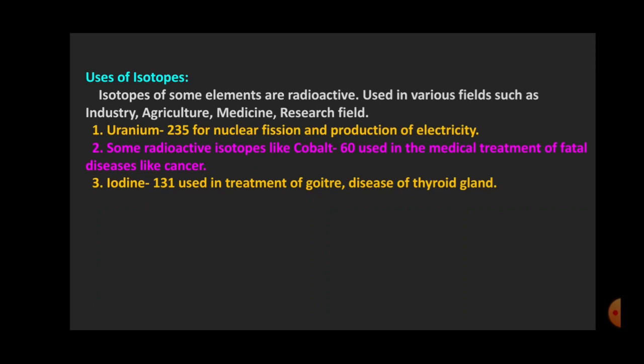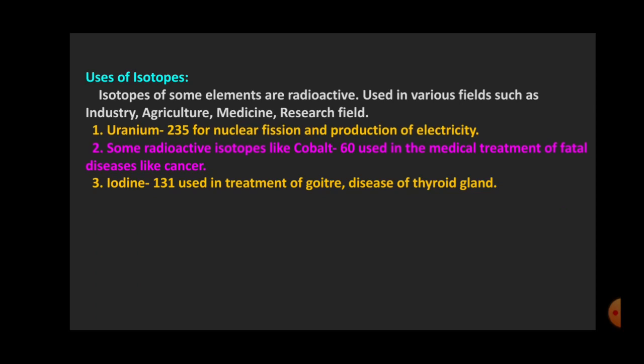Second one is some radioactive isotopes like cobalt-60 are used in the medical treatment of fatal diseases like cancer, right? There is a treatment, the radiotherapy, the chemotherapy is given in cancer, that is with the help of the cobalt-60. Third one is iodine-131 used in treatment of goiter, disease of thyroid gland.